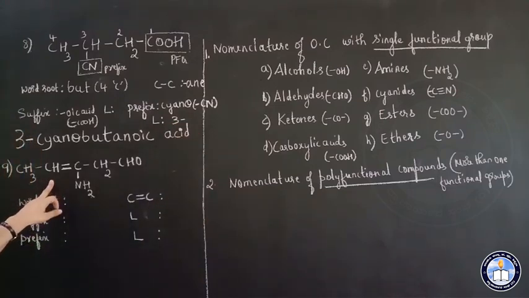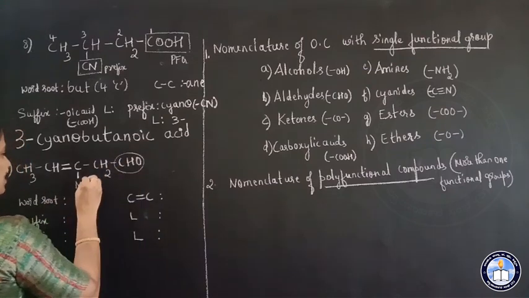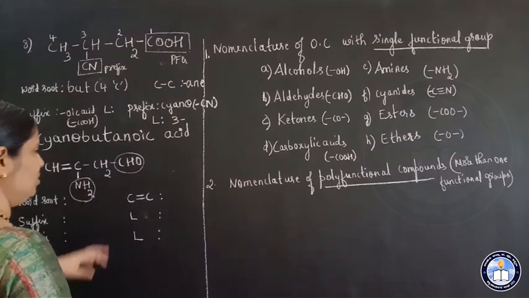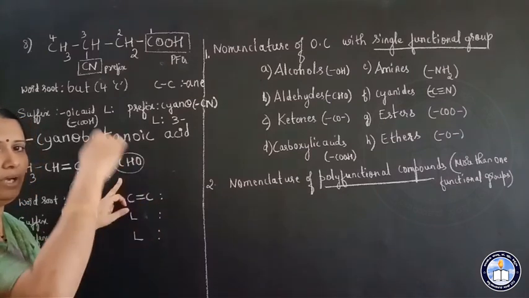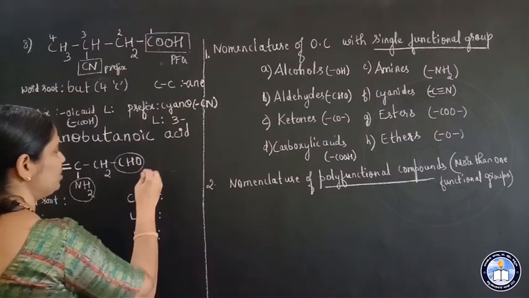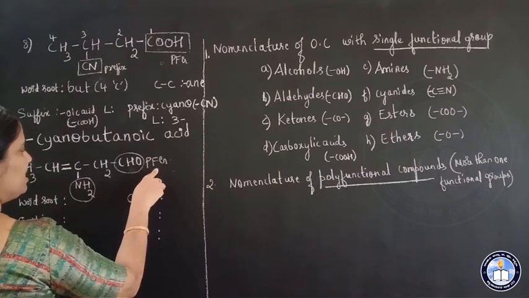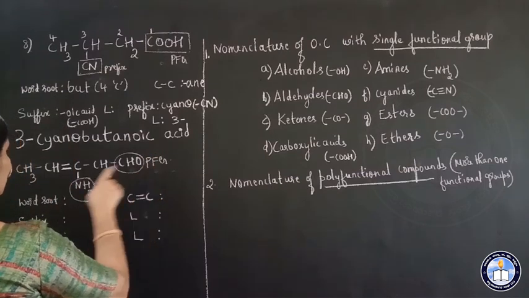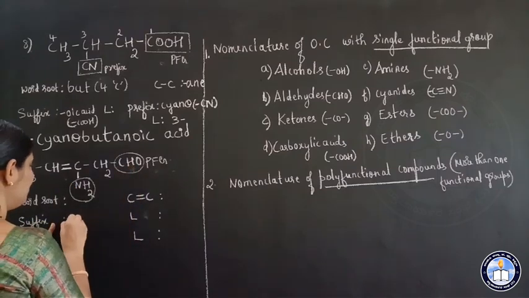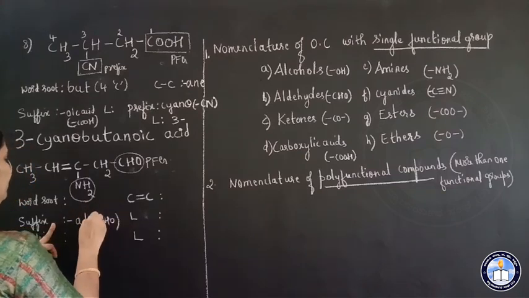Next, in this compound, see here, CHO and NH2, two functional groups. So now if you see the priority list, CHO is on top, NH2 is below. So this CHO is the principal functional group. Then suffix to this compound will be, suffix of CHO is AL.